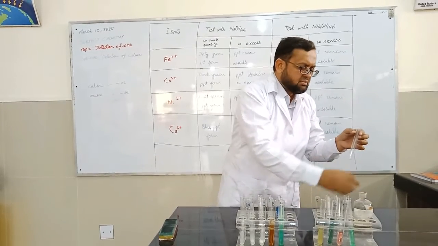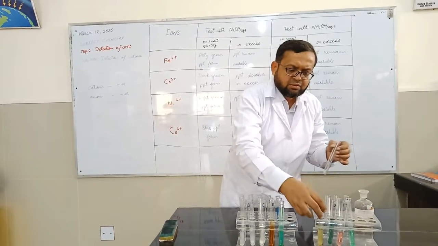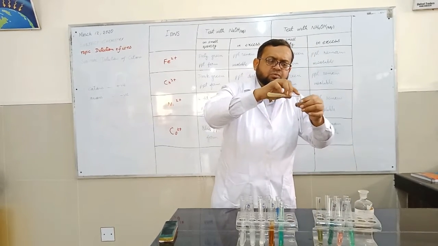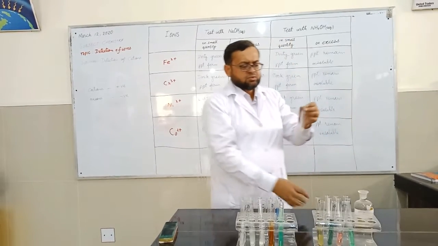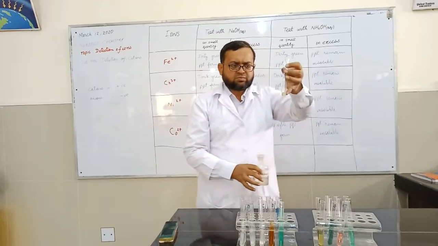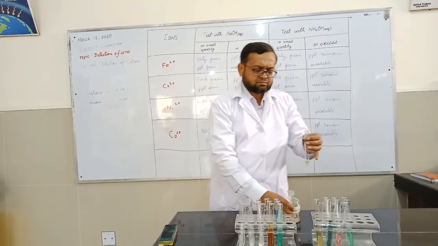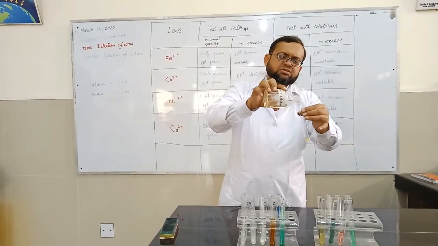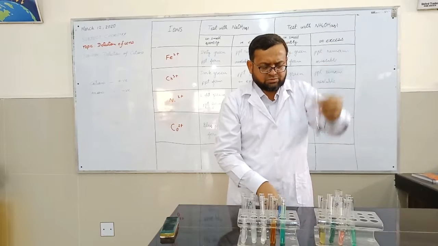The precipitates are scattered, but if you observe, these are dirty green precipitates. The same test will be carried out with ammonium hydroxide. I have taken a small quantity of sample F and I am adding ammonium hydroxide. Here again the dirty green precipitates are formed.